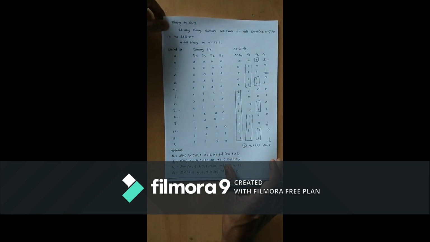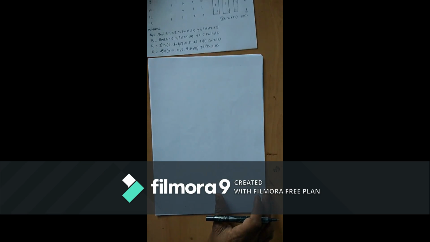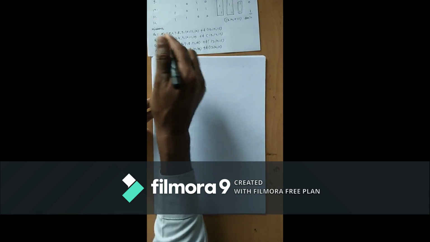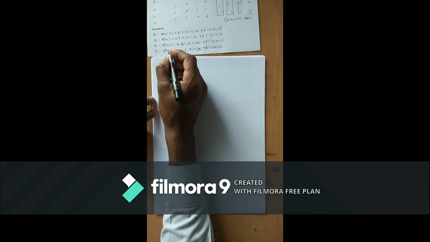With the help of the minterms, we can draw the K-map. To draw the K-map, first take E4. For E4 we need a 4-variable K-map.